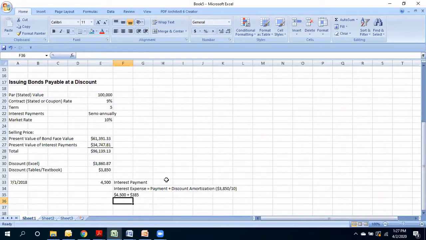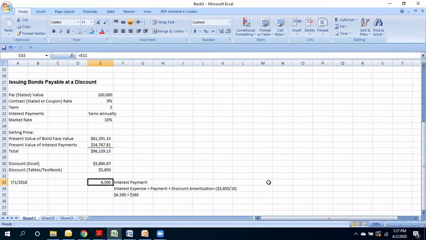So what happens is the bondholders are giving $96,150, call it, to Southwest. In exchange, every 6 months, they're going to get $4,500 cash interest.